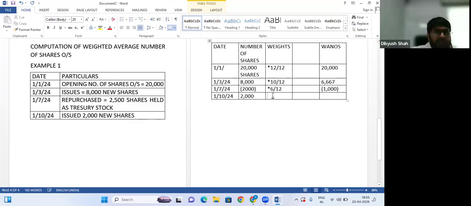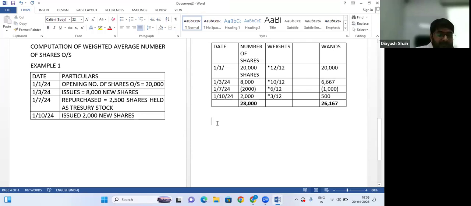So what is the total in the final column? Of shares that will go in your weighted average calculation, EPS. See, the actual number of shares outstanding will be 20 plus 8 minus 2 plus 2, that is 28. This is what the balance sheet will show, the number of shares outstanding.